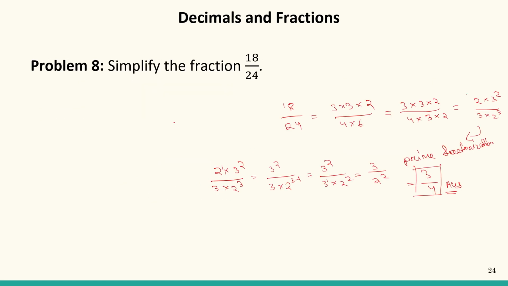We did it by method 1, which is prime factorization. So what method 2 tells us is we can find it by GCD. Okay, so what we need to do is we have two numbers here, one is the numerator, one is the denominator.